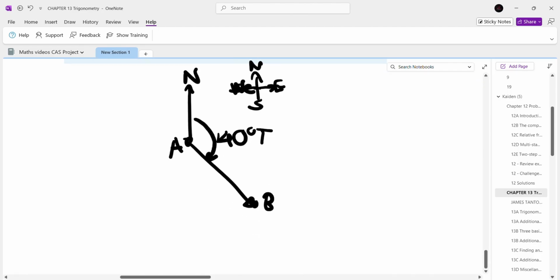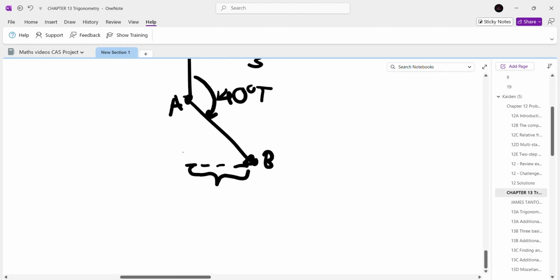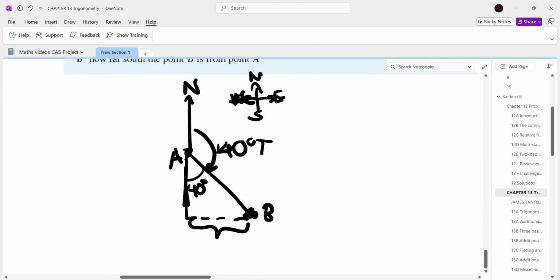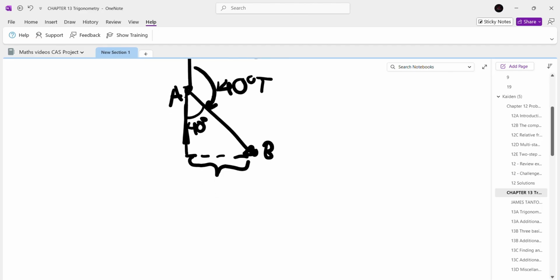So east would be this direction, right here. And so obviously we've got 140T, and therefore this has to be 40 degrees, because you're adding up to a straight line.